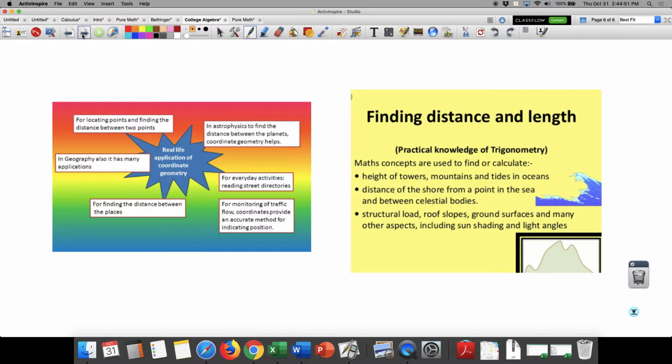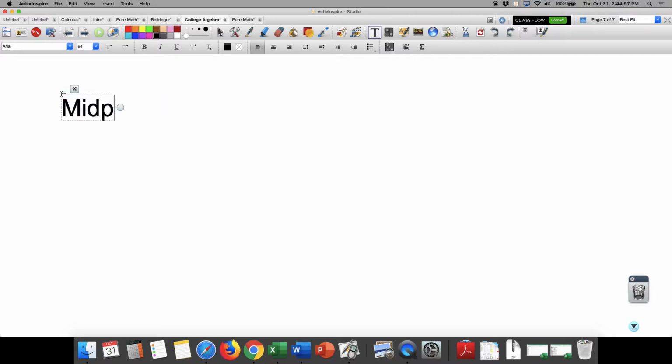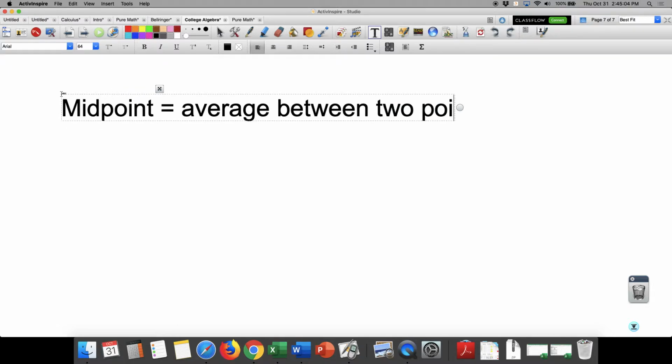And of course, midpoint is nothing but an average. Okay. So an important thing about midpoint or average, let's say you go to one store and buy milk.